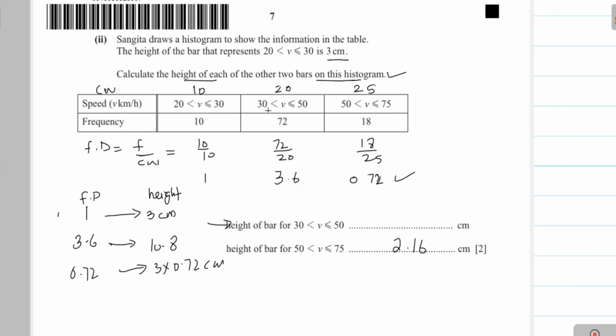Look here, when the interval is 30 to 50, the frequency density is 3.6, and the height is 10.8 centimeters. And when the interval is 50 to 75, the frequency density is 0.72, the height will be 3 multiplied by 0.72, which is 2.16. This is the solution.